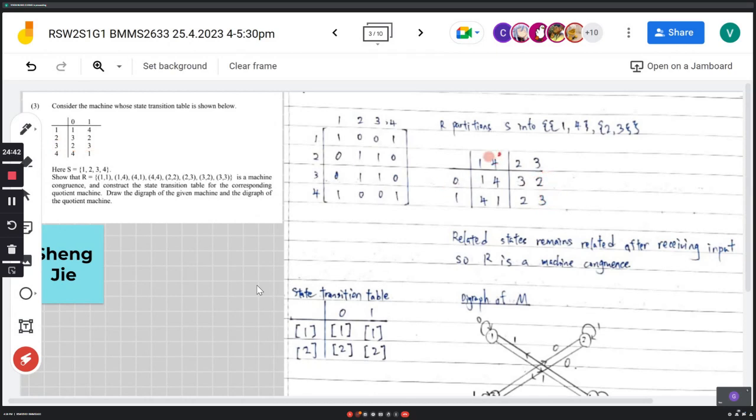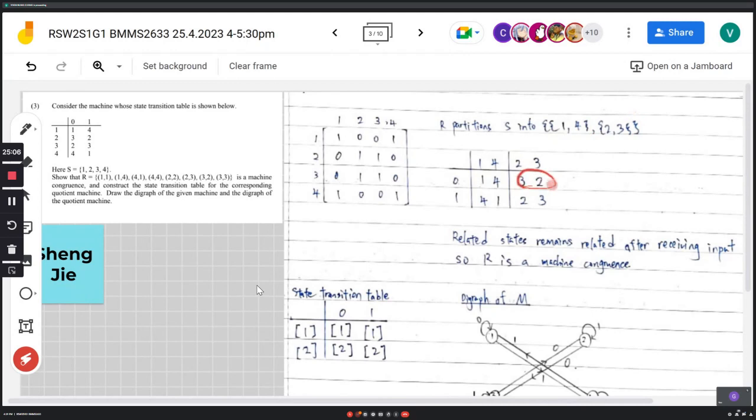Okay, and for state 4, after input 0 is 4, after input 1 is 1. So you have 4, 1 here. Understand? So that means after the input 0, for 1 and 4, it will remain here, 1, 4. For 2, 3, it will remain here, 3, 2. Because now we have 1, 4 in one group, 2, 3 in one group.